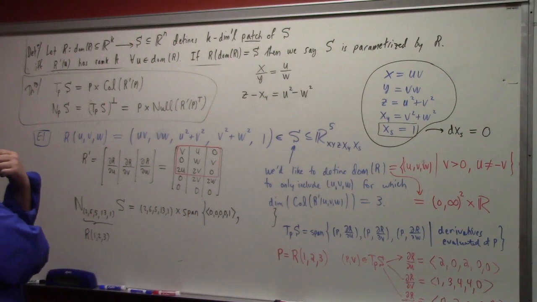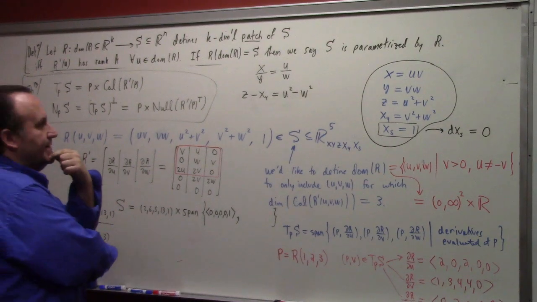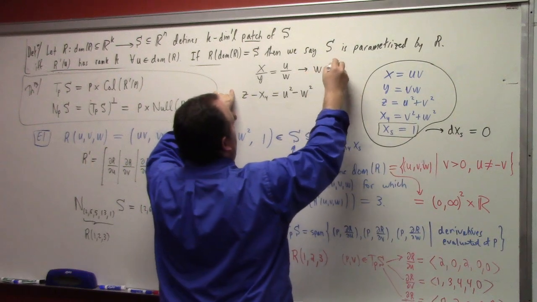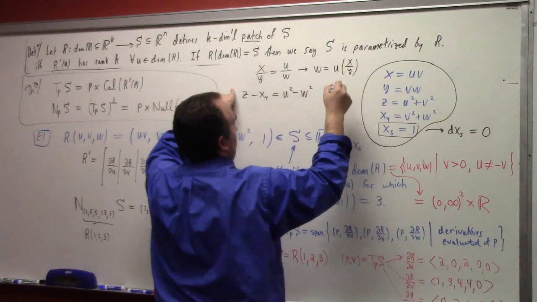Then we get U squared minus W squared, right? So close. So we could solve this and get W is equal to like U times X over Y, right?